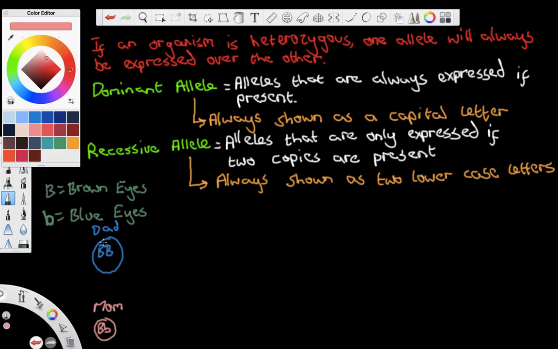Therefore, we can say that dad is homozygous because they are both the same allele. He's got two alleles for brown eyes. Dad is homozygous dominant because they are both capital letters. So we can put underneath dad that he is homozygous dominant.